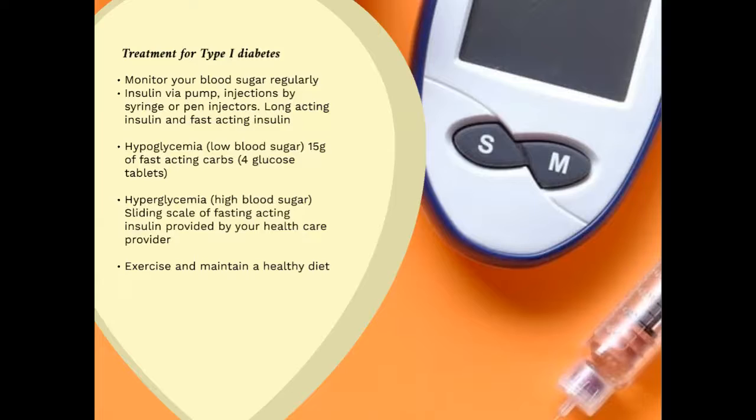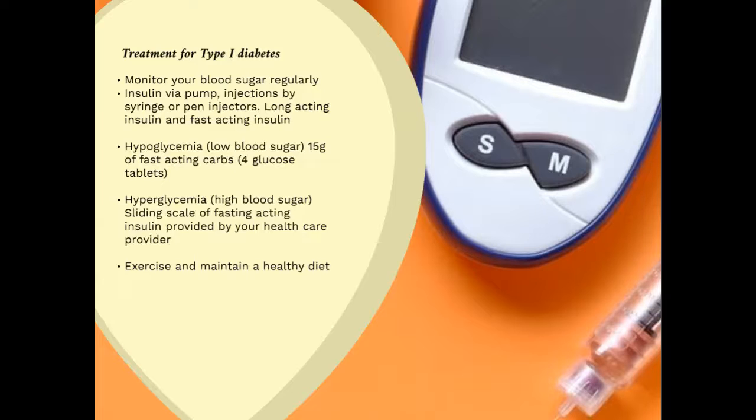There are two things that can happen with type 1 diabetes. You can get hypoglycemic if you over-treat your blood sugar with insulin. So this is a low blood sugar. Usually in treating this, you have 15 grams of a fast-acting carb, which is equal to 4 of the glucose tablets, or you could have half a cup of orange juice or something quick to bring that blood sugar up.